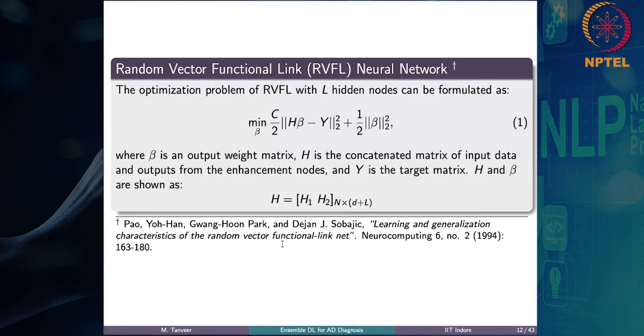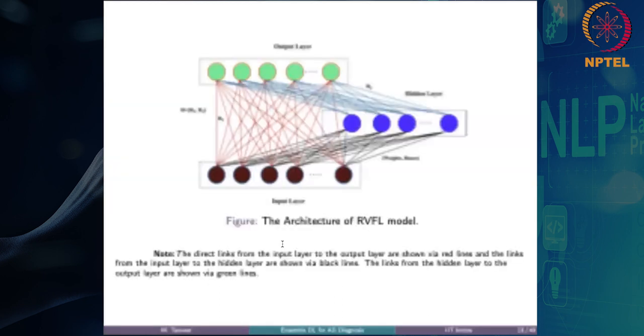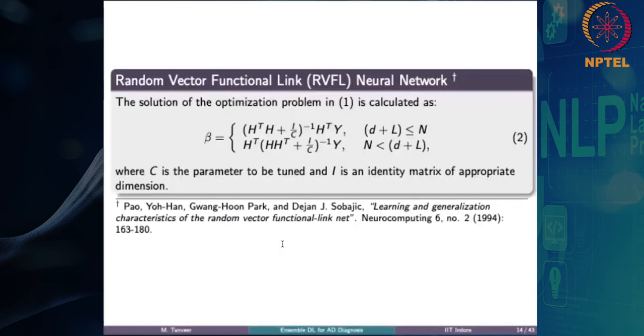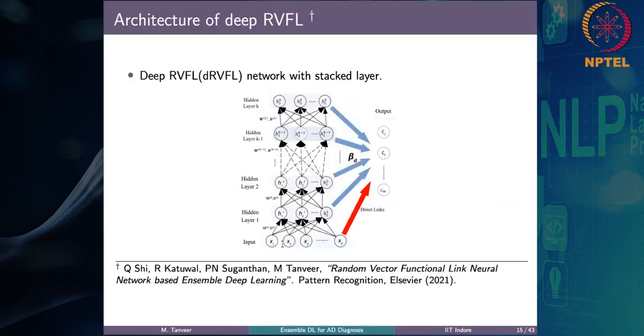Y is the target matrix, and H is H1 and H2. The solution we can compute with equation 2. Here C is a parameter and I is an identity matrix of appropriate dimension.